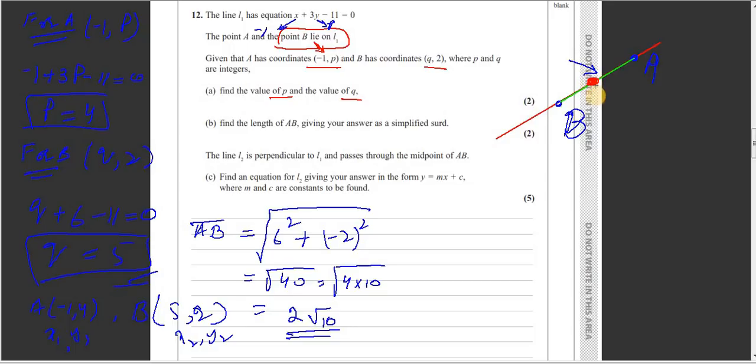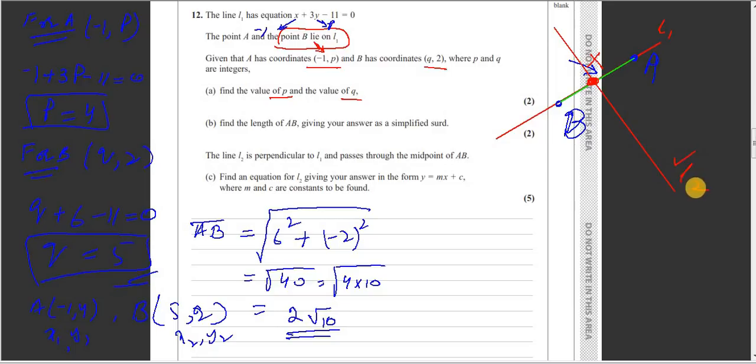This is the midpoint, and I'm calling this midpoint X. And you have a line L2 perpendicular to L1 and passing through it. So you can see that this is your L2 and this was your L1. So L2 is perpendicular to L1 and passes through the midpoint of AB, and you need to find the equation of L2.